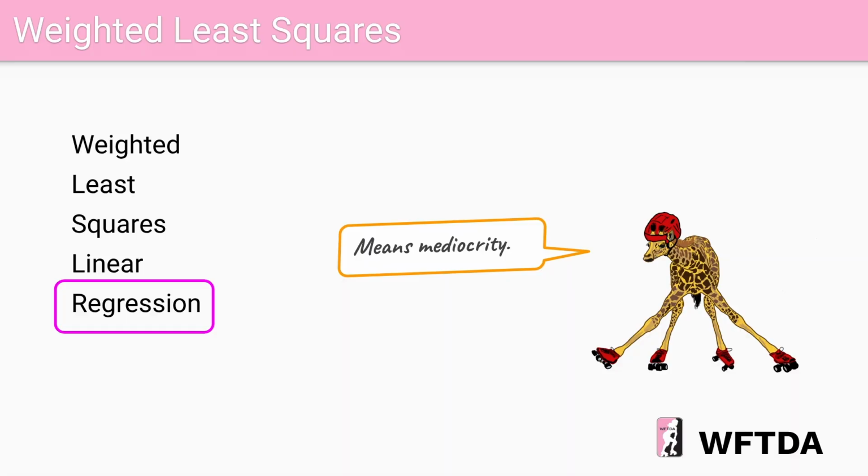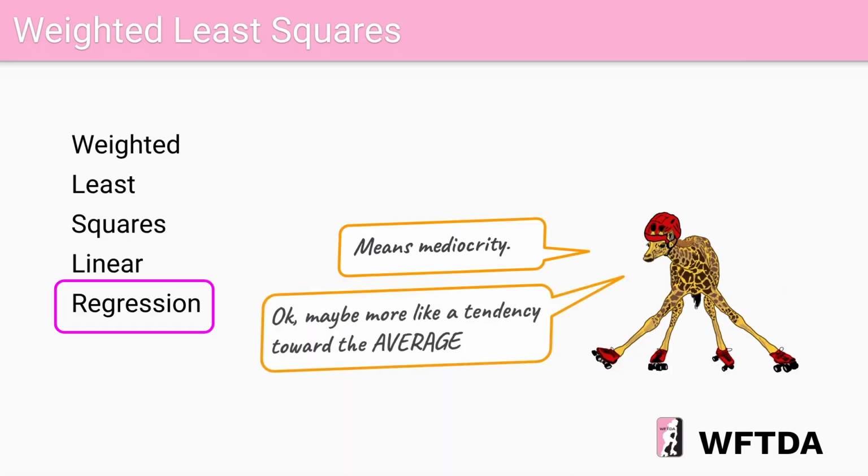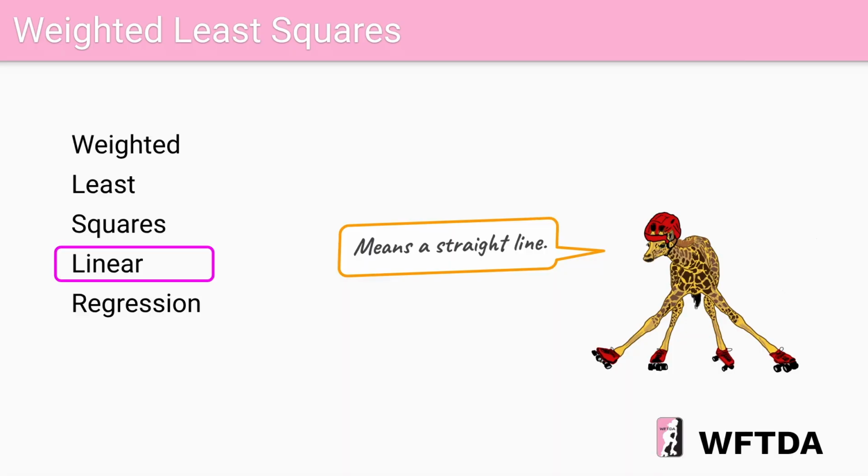Originally, regression actually just described a tendency towards mediocrity, or the average, in inherited biological traits like having tall parents and then how that tended to average out in descendants. And the linear part just refers to finding a line to match a given data set. That's basically linear regression, a straight line that matches the average slope of data.